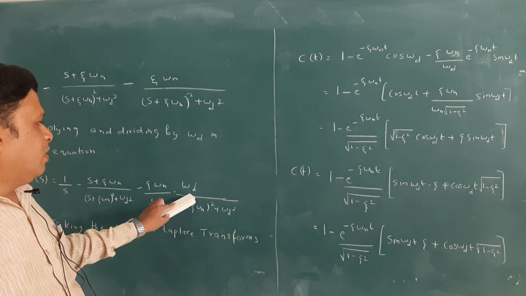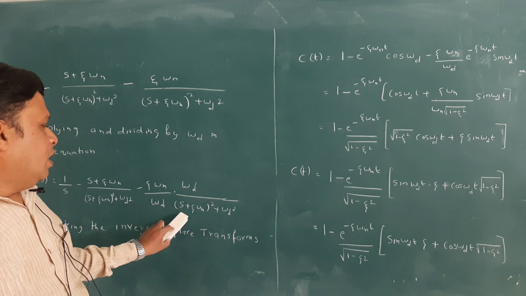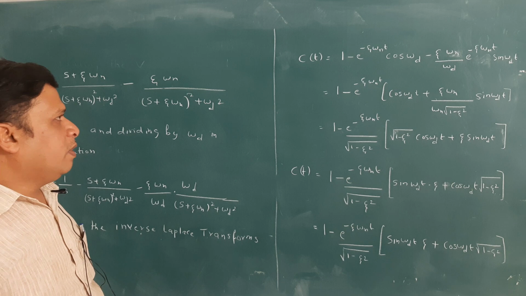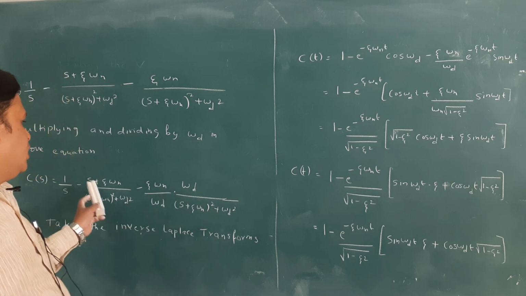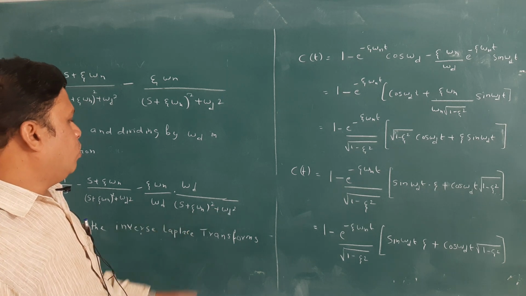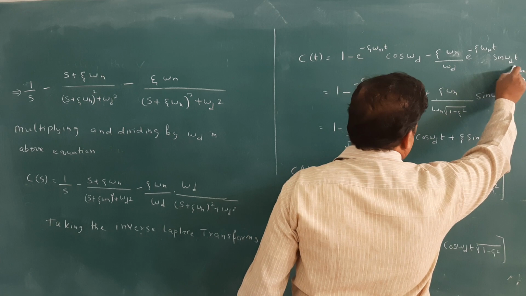By applying inverse Laplace transform for this standard form, omega by ((s plus a) whole square plus omega square), here it is omega d, here it is s plus a, here it is omega by ((s plus zeta omega n) whole square plus omega d whole square). So it becomes e power minus zeta omega n t into sin omega d t.